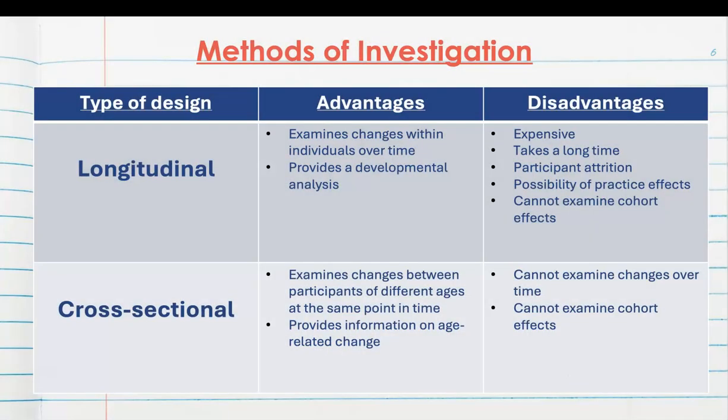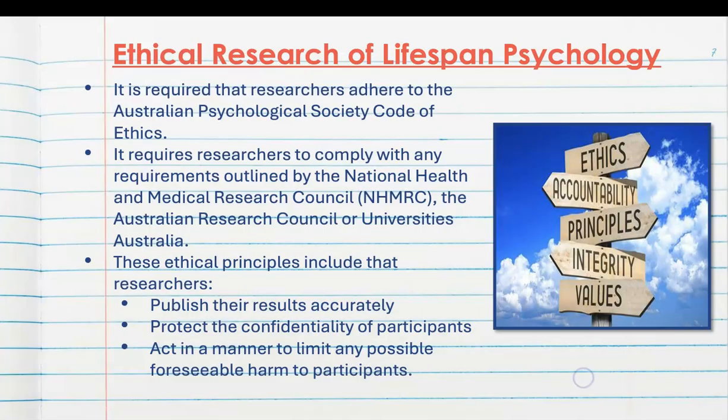So these methods, longitudinal and cross-sectional, provide psychologists with essential tools to investigate development across the lifespan. But studying humans also requires adherence to strict ethical guidelines. So all psychological research in Australia must follow the Australian Psychological Society's Code of Ethics, and researchers must also meet the requirements set by bodies such as the National Health and Medical Research Council, the Australian Research Council, and Universities Australia.